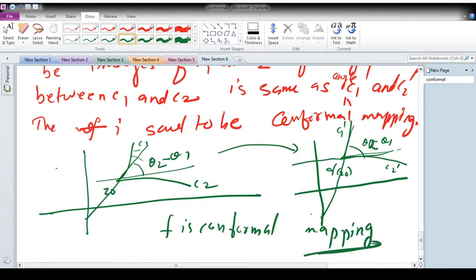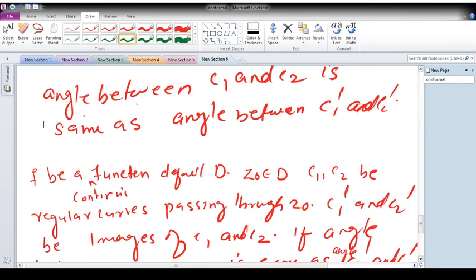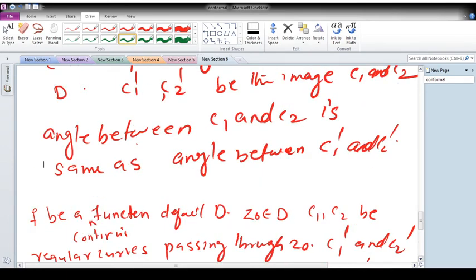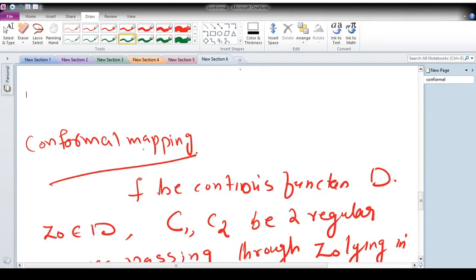Okay. So this is the geometrical explanation of conformal mapping. In the definition, C1 and C2 are two regular curves.